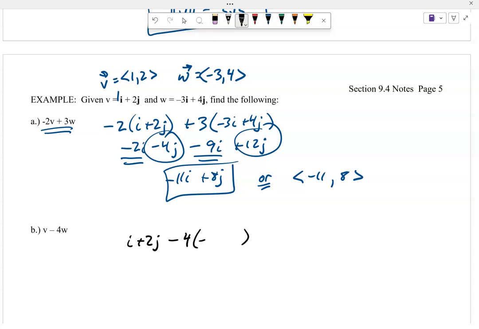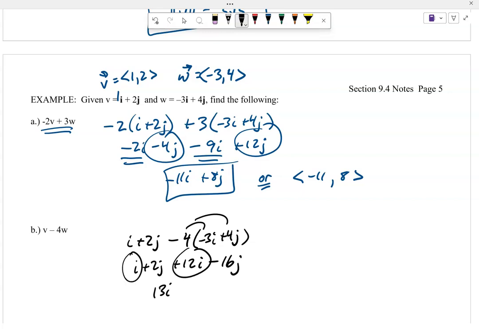Our w given is negative 3i plus 4j. 2j minus 16j is negative 14j. So 13i minus 14j, or 13, negative 14 as our resultant vector there.